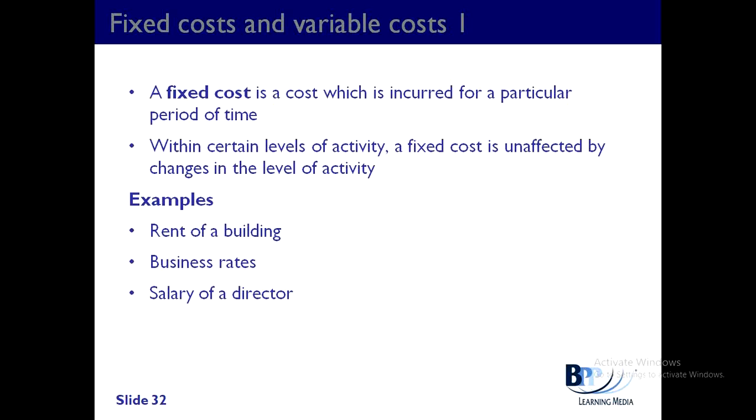If the pay is fixed, then it doesn't depend on the activity level or output of an individual. You will still pay that individual the same amount of money regardless of what they have produced. That's an example of a fixed cost. So the fixed cost does not change with the changes in activity level.